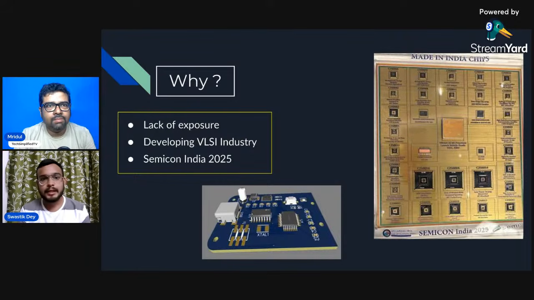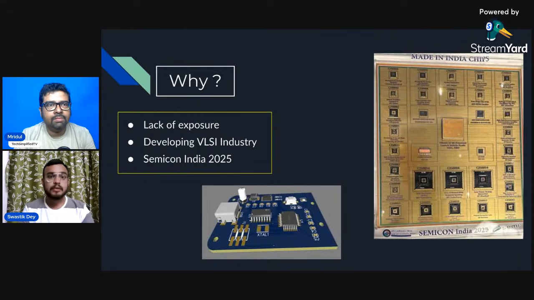People tend to think there is no such career scope or career opportunities in the electronics domain. Maybe different factors are playing over here. Lack of exposure to the EDA tools is one of the most important reasons why this mentality has grown.